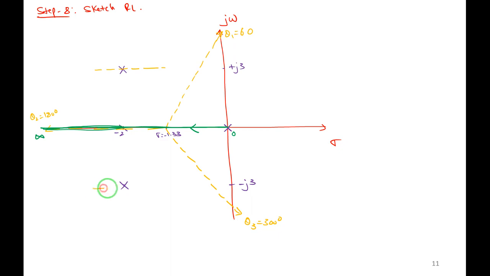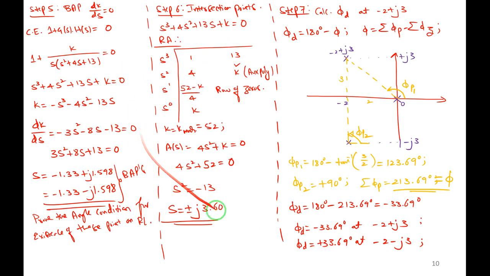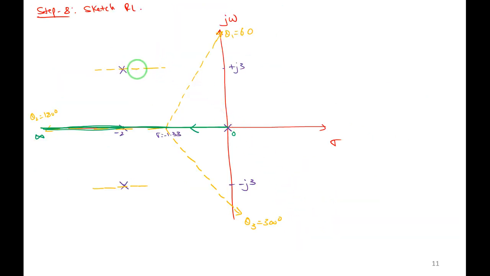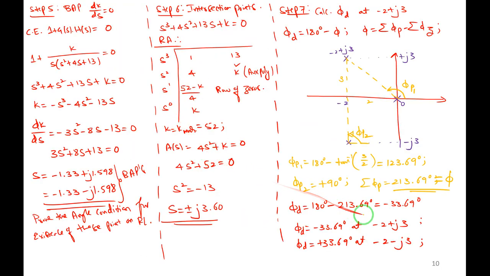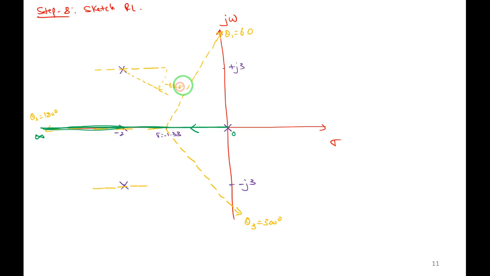Keep your protractor at this point and measure. What is the angle of departure at minus 2 plus j3? Minus 33.69. From here you measure minus 33.69. Next here plus 33.69, so exactly symmetry is there.